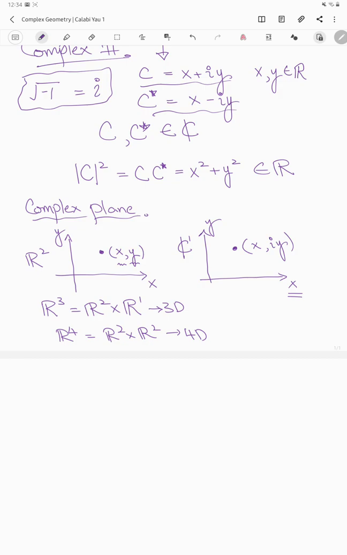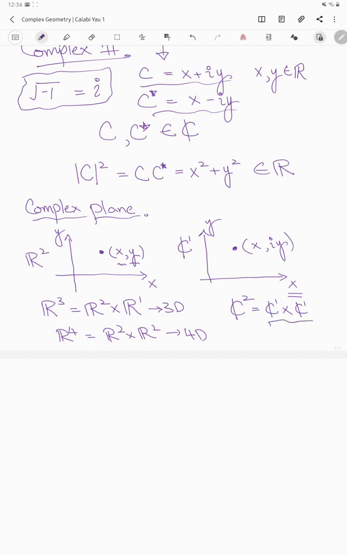But for the complex part, we have C2 as C1 cross C1. How many dimensions are here? Well, because each complex number has 2 real degrees of freedom, there are going to be in total 4 dimensions.